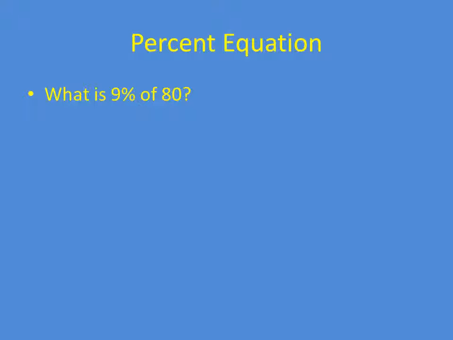Are you ready to do another one? So, what is 9% of 80? Once again, every single time I figure out a percentage of a number, I'm going to use my equation: is equals percent of. So once again, I don't know what my "is" will be, so I have a variable here for my "is."